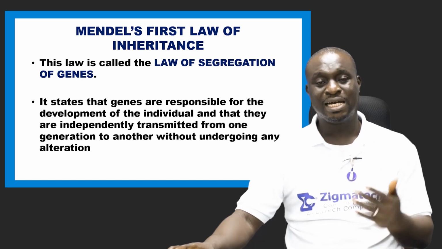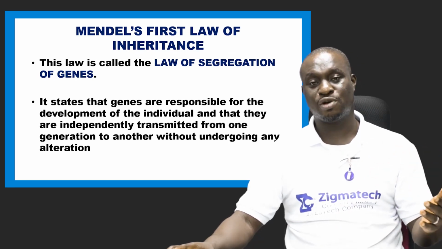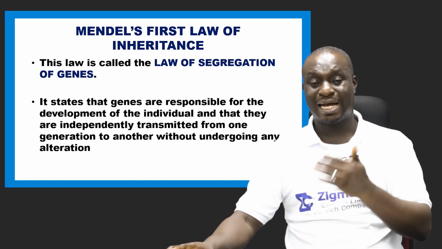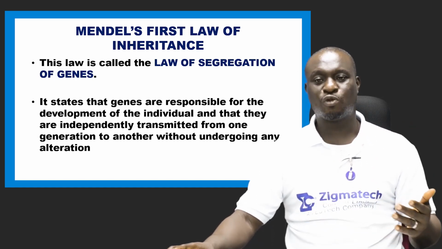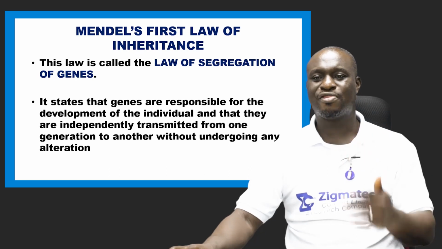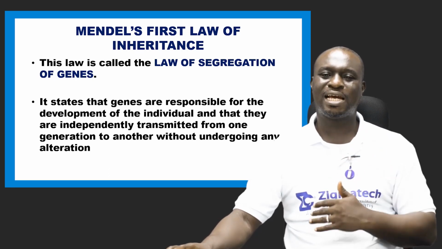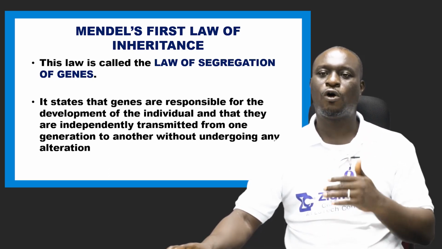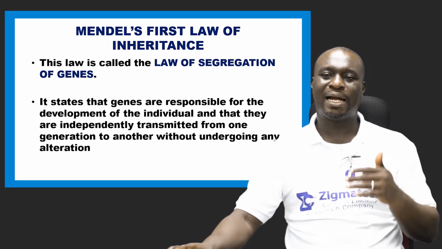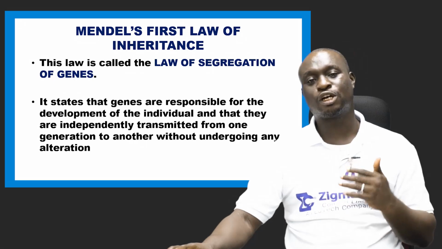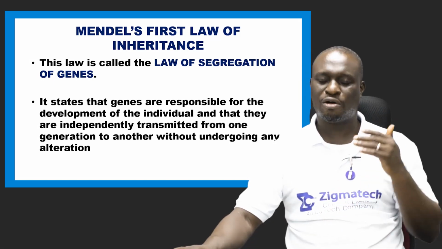Of course, you can see it. They are being transmitted from one generation to another, and these genes are definitely responsible for the development of characters in their offspring. So this is the first law of inheritance propounded by Gregor Mendel himself, which he called the law of segregation of genes.